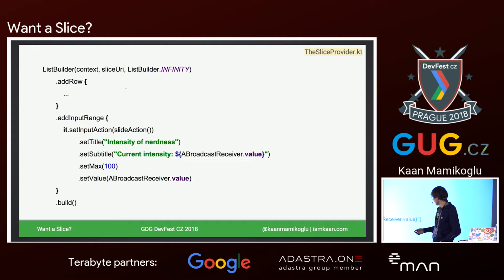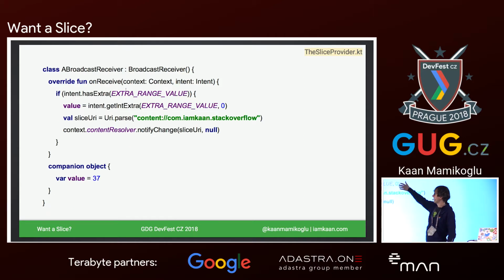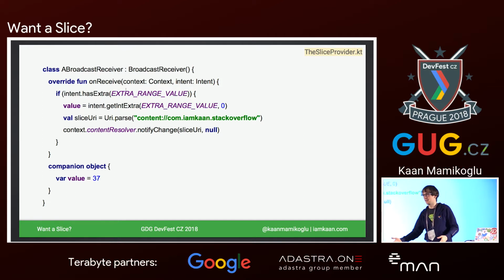It is a static value in the broadcast receiver, so you can just get it directly from there. In the broadcast receiver, once we get this value, we set it and update this value. But the more important thing is that we need to let the slice know that there is new data, so you need to update it yourself, kind of.